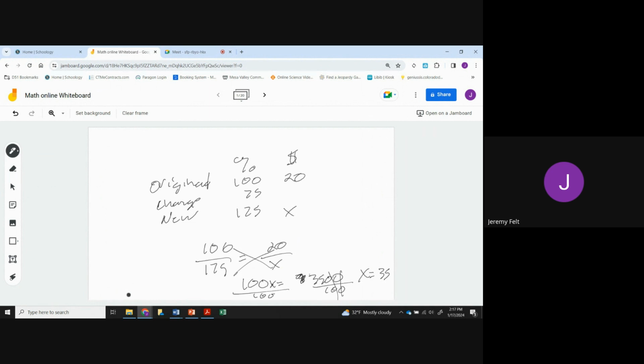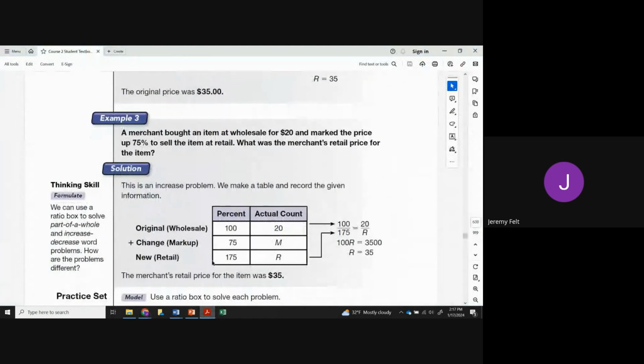So $35 is the new price. So just fill in what you know, figure out what you know and what you're looking for, and then that'll tell you how to set up your ratios. Just make sure they're aligned, 100, 100, 175 and x, 175 and x. As long as they're input properly, then it just goes down to cross multiplication and division.